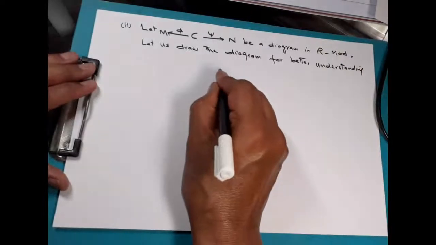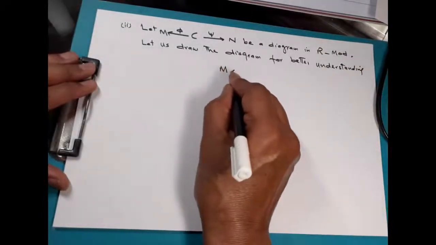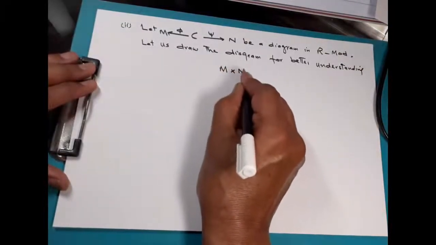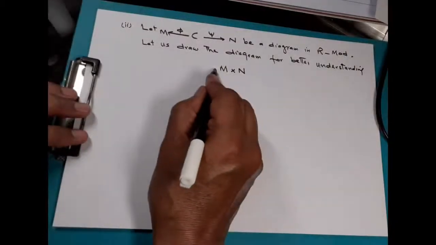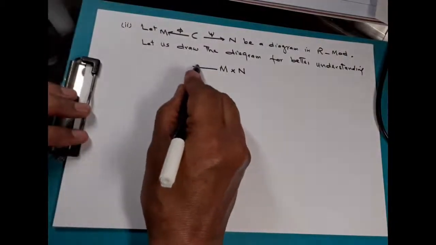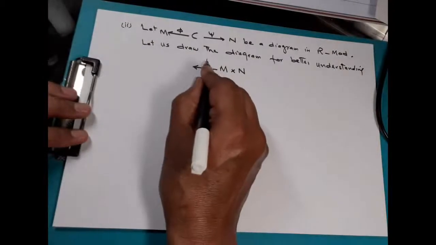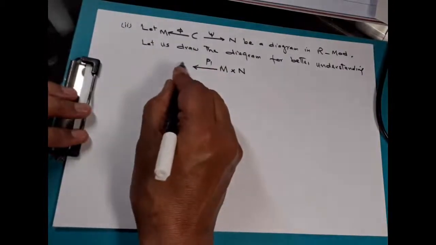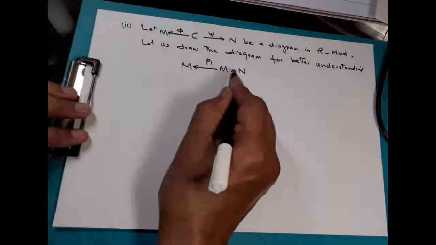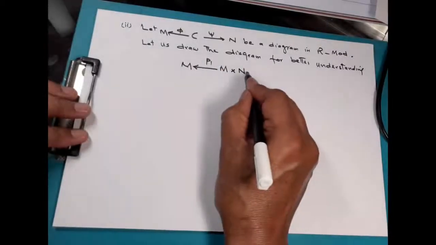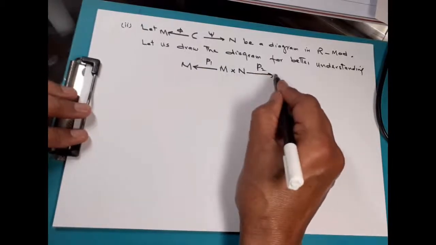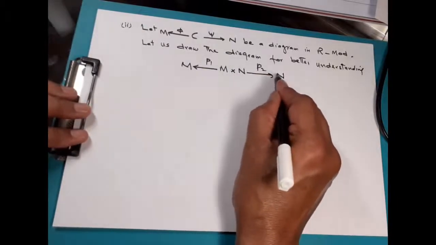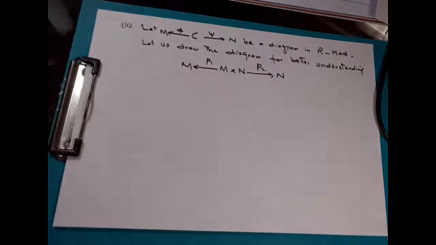So we have left R-modules M and N, and we have noted that M cross N is also a left R-module, and this left R-module is equipped with projections P1 from M cross N to M and P2 from M cross N to N. So this is what we have already discussed.